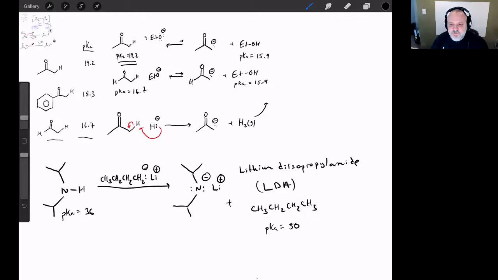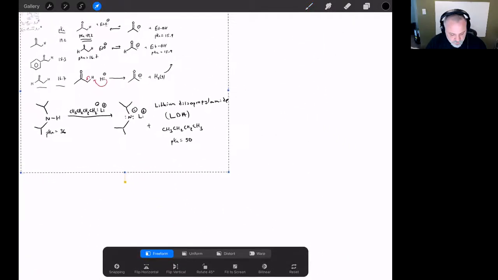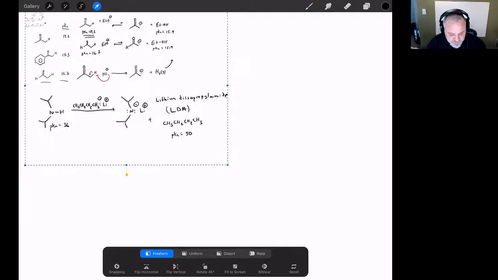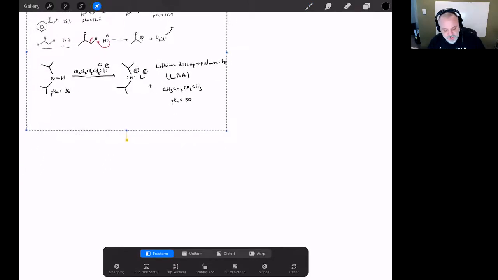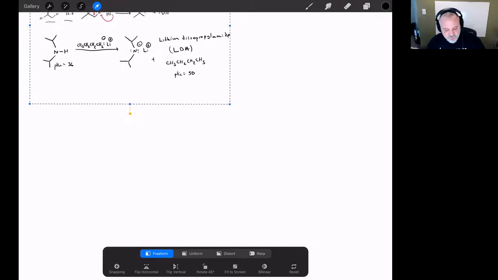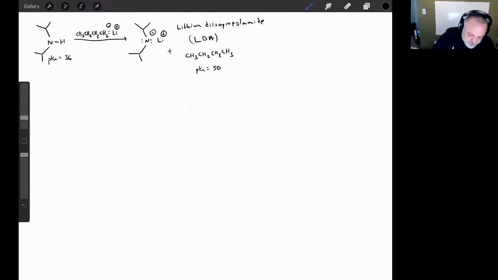So we see that butane is a much weaker acid. And so we can use butyllithium to form LDA, and LDA will be a really strong base that we can then use for deprotonating alpha carbons.